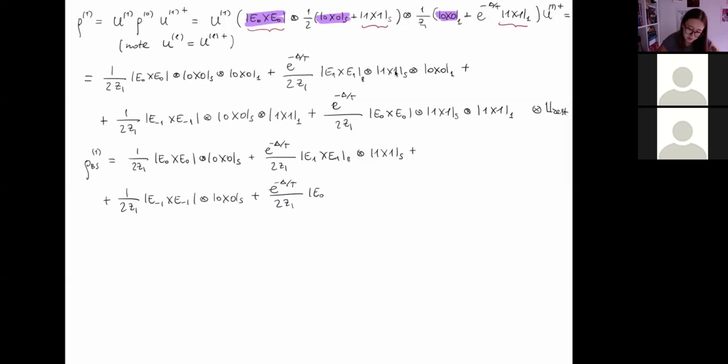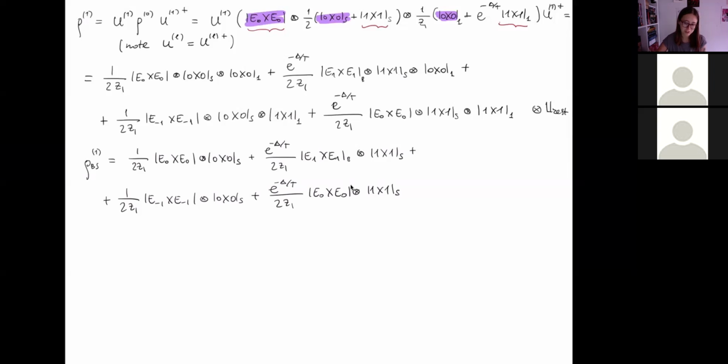It is very easy to take the reduced trace, so to take the partial trace of such a sum, because here we have the state of these three systems expressed as the sum of states which are separable for each system. And so there is no entanglement per se.